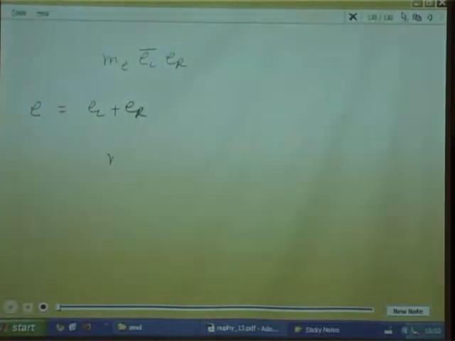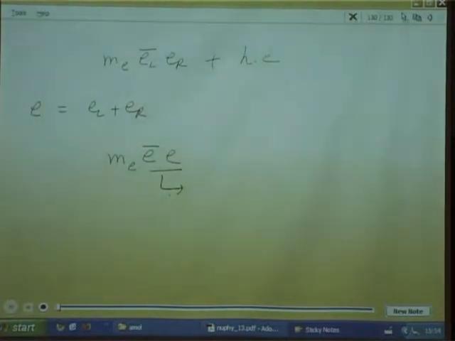Then this is just ME times E bar E, because I know that E bar E is EL bar ER plus ER bar EL. So now I can say that EL and ER have the same mass.